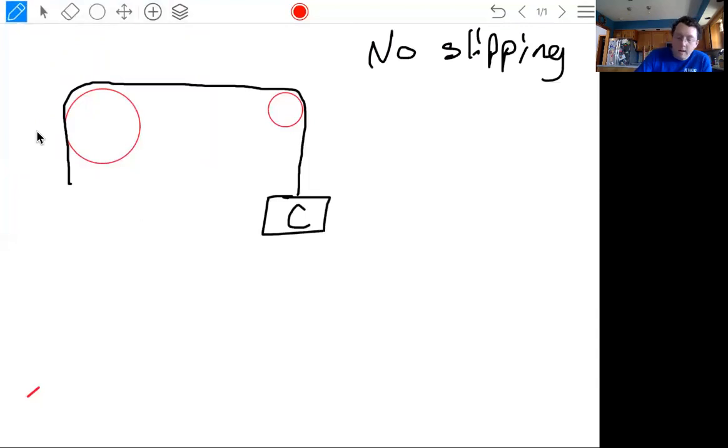So there's no slipping. And furthermore, we're going to imagine that initially the velocity of C is down. And we're going to assume that the acceleration is up. Okay? And I'm going to have some numbers to give you. So here I'm going to say that the radius is 600 millimeters. And over here, I'm going to say that the radius is 400 millimeters.